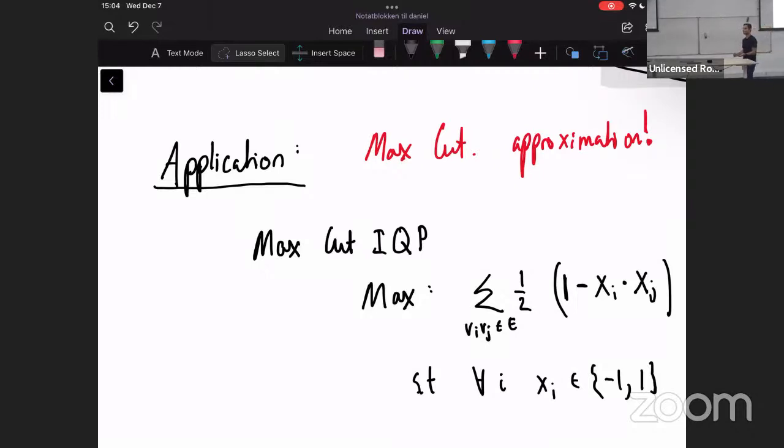But if we're comparing the value of the algorithm to m and using that to compare it to opt, maybe you can get a better bound on the approximation factor if you're actually comparing to opt. So for random cuts, that doesn't help out, but if you do something smarter, it does.